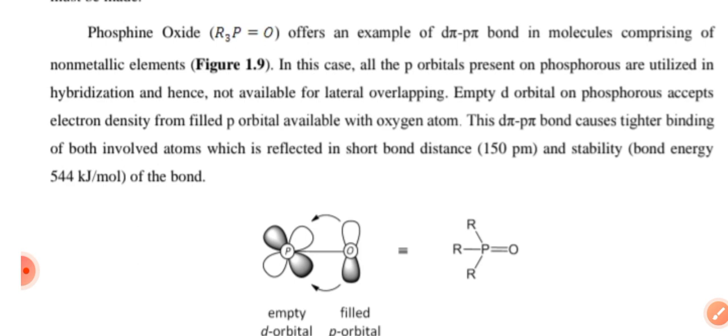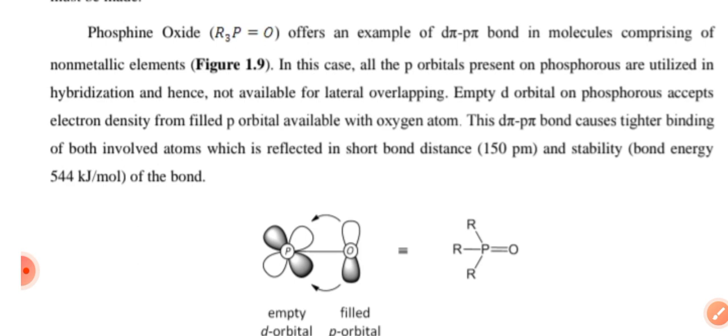Phosphine oxide R3P double bond O offers an example of a d pi p pi bond in molecules comprising non-metallic elements, figure 1.9. In this case, all the p pi orbitals present on phosphorus are utilized in hybridization and hence are not available for lateral overlapping.